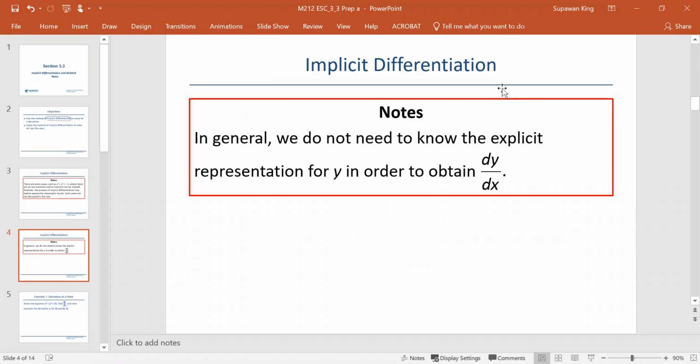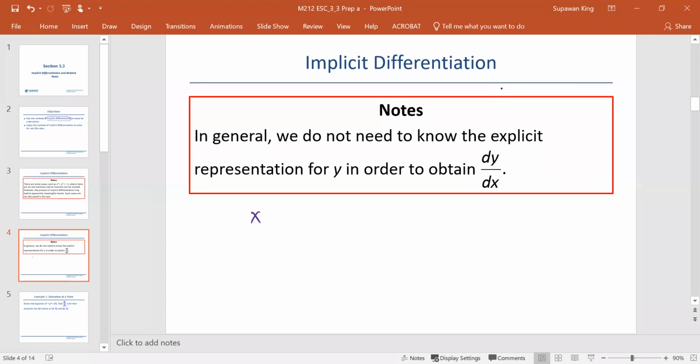Implicit differentiation. In general, we do not need to know the explicit representation for y in order to obtain dy by dx. For example, x squared plus y squared equals negative 1 is an implicit function.